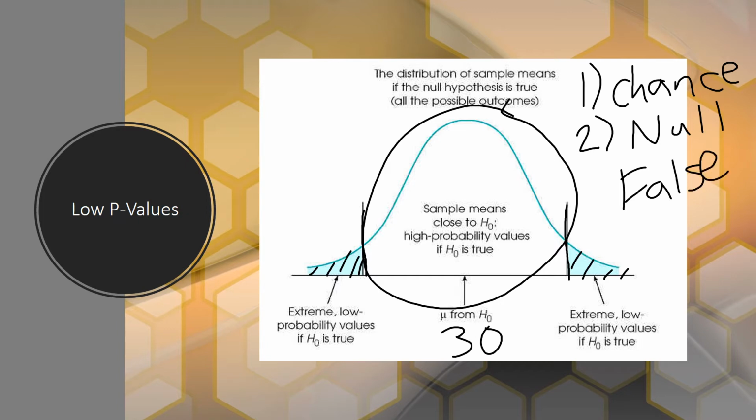And we will conclude that number 2 happened, that our null is false. But number 1 could also have happened. That's why you don't want to make any big decisions just based on one hypothesis test, because we're not 100% sure all the time. But by chance, this could happen a percentage of the time, and that happens to equal alpha.